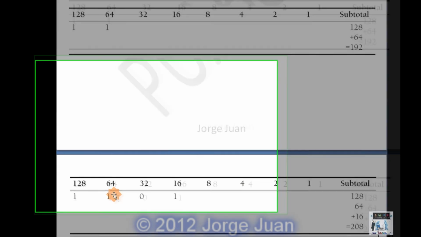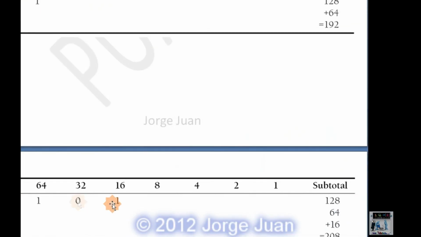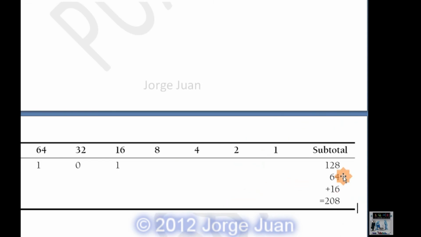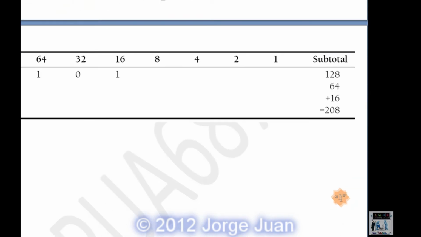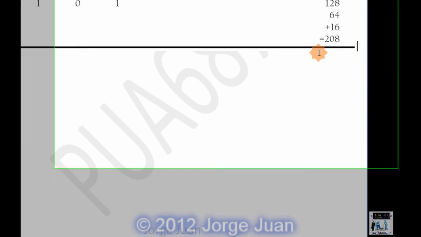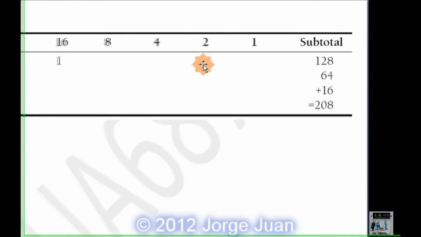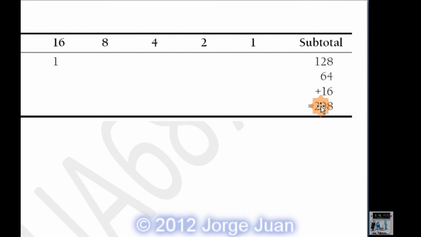We have 128, 64. We do not have 32 because we have a 0 in its position, and then we have 16. If we add all those values, we end up with 208. Now we're trying to get to 209. From here you can see it's easy. We're not going to have an 8, we're not going to have a 4, we're not going to have a 2. We only need one more to get to 209 from 208.